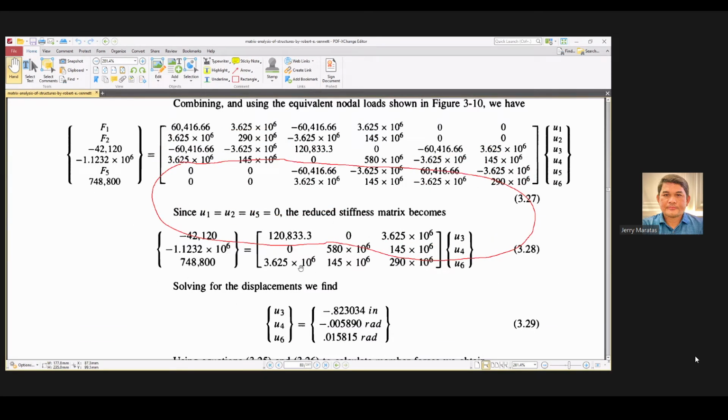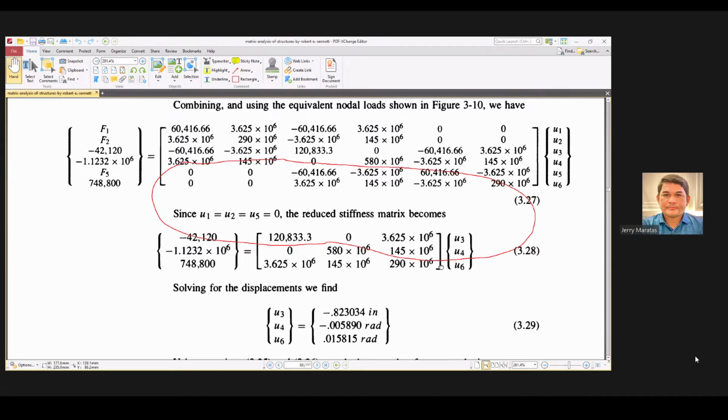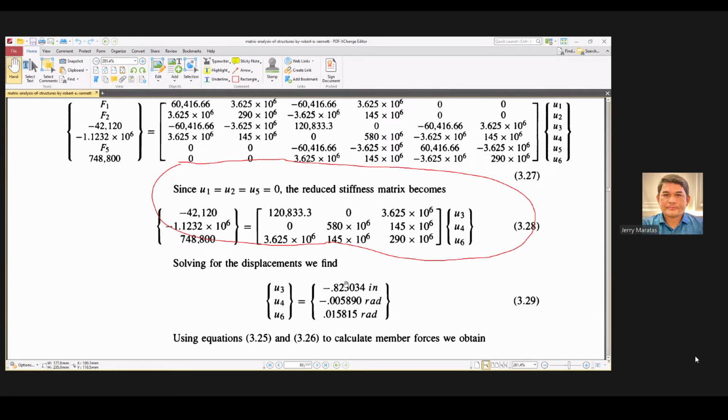Okay? So the size of the reduced stiffness matrix is dependent on the number of kinematic indeterminacy. Okay, that's if you apply the boundary conditions. After that, you substitute the given loads, masolve na nako ang displacements. Take note ha. Itong U1 translation, U2 rotation, di ba?